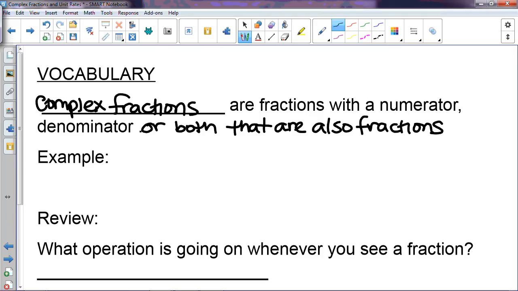So an easy way to think of a complex fraction is a fraction inside of another fraction. An example I could give you is 2 over 1/2.